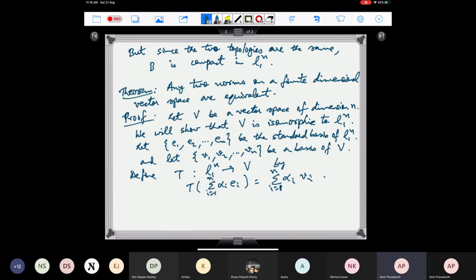So T of e1 is v1, T of e2 is v2, T of en is vn, and then you extend it linearly.